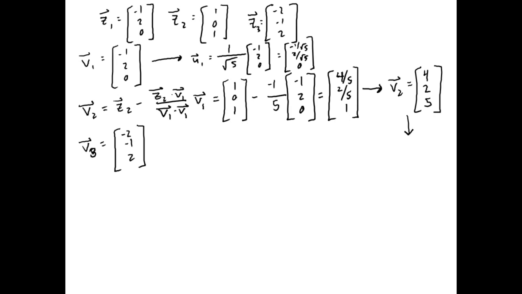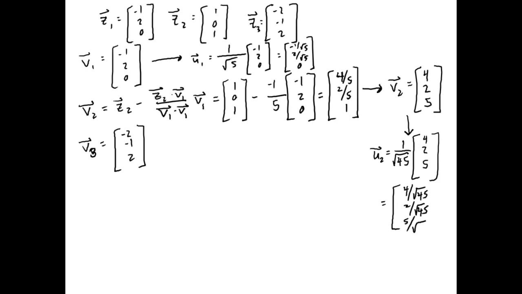This one, u2. So let's see. Oh boy. Okay, 16 plus 4 is 20. Plus 25 is 45. So square root of 45 times 4, 2, 5. So I'm getting 4 over root 45, 2 over root 45, and 5 over root 45.